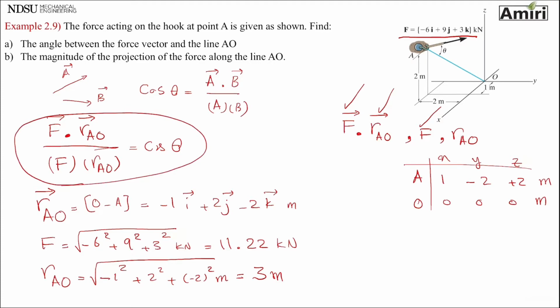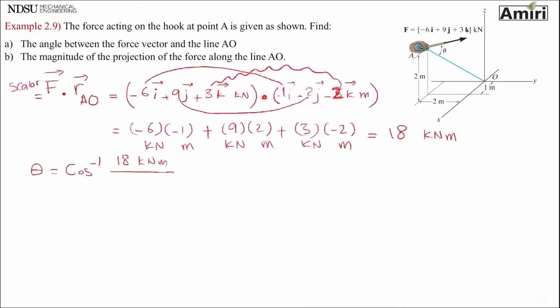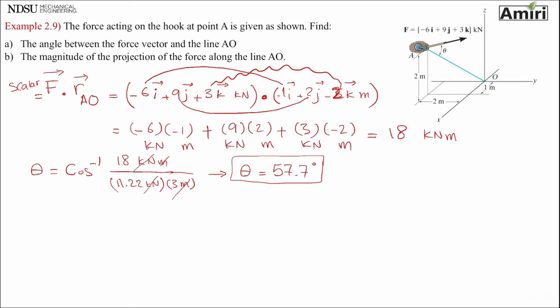The magnitude of one is 11.22, the other one is 3. So the units work out just fine. And from here, theta is going to be 57.7 degrees. So this was the first example of an application of the dot product. We used the dot product to find the angle between those two.